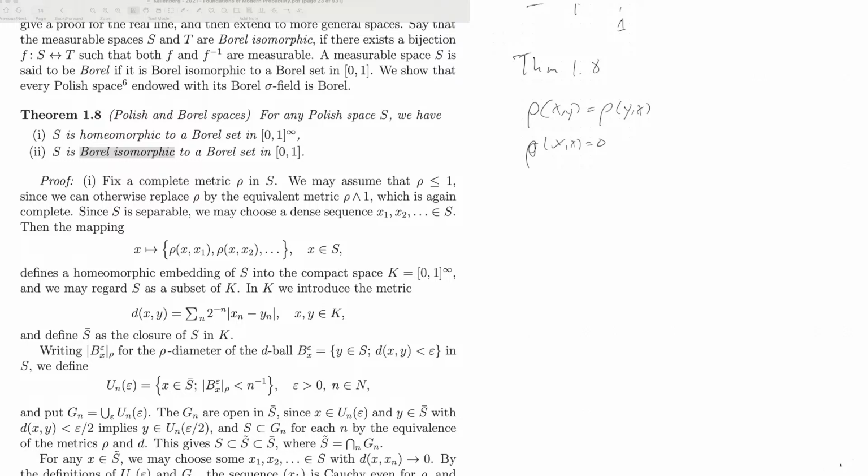Positivity, yeah, sure, ignore that one. Triangle inequality: rho(x, y) plus rho(y, z) greater than or equal to rho(x, z).